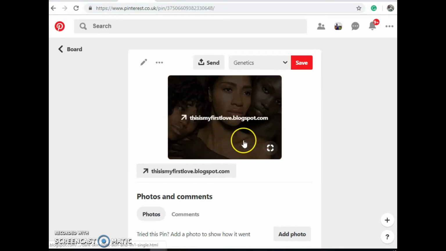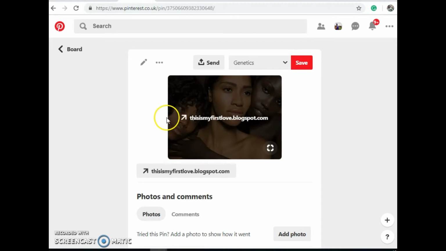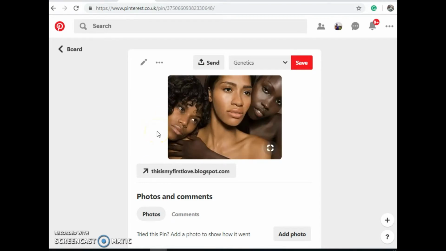The girl on the far left has a little bit more black eumelanin than the one in the middle, but she has a lot more brown eumelanin. The girl on the far right has a lot more black eumelanin in her skin, as well as brown eumelanin, which makes the skin color darker.